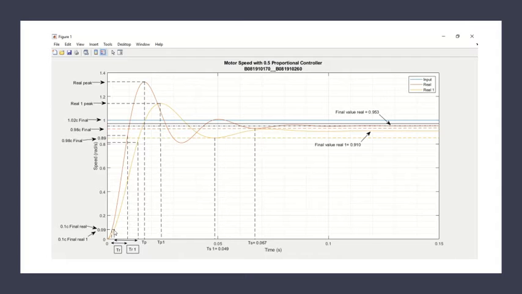Make a straight dash line to the x-axis. Second, for 90%, it is 0.9 times 0.910. So I have got 0.81.